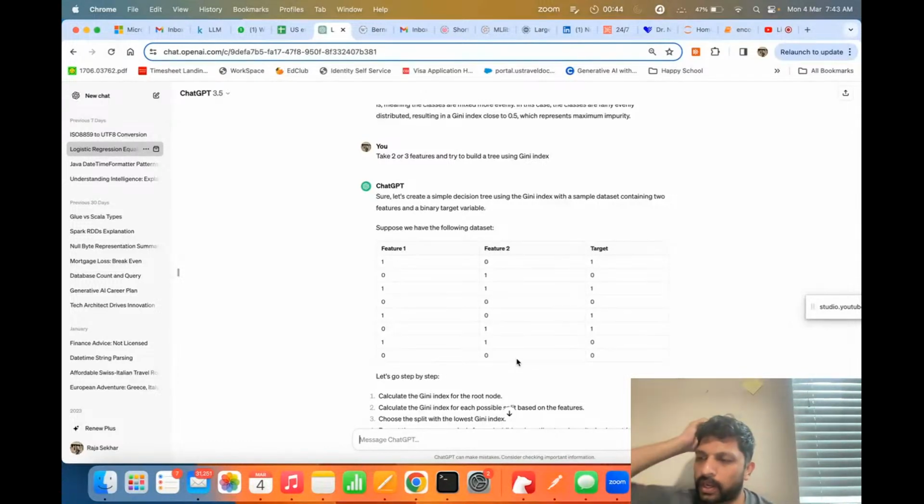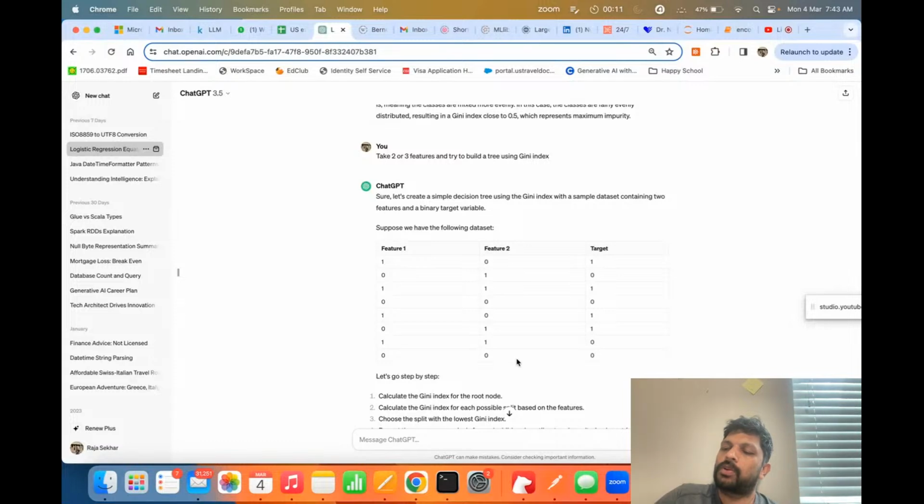So looking at this, we are getting a few leaf nodes. Once you get a leaf node, let's calculate the Gini index, right? 1 minus (1 by 2) whole square plus (0 by 2) whole square.